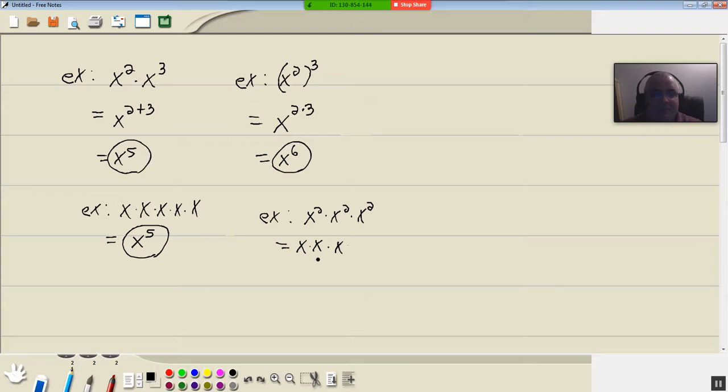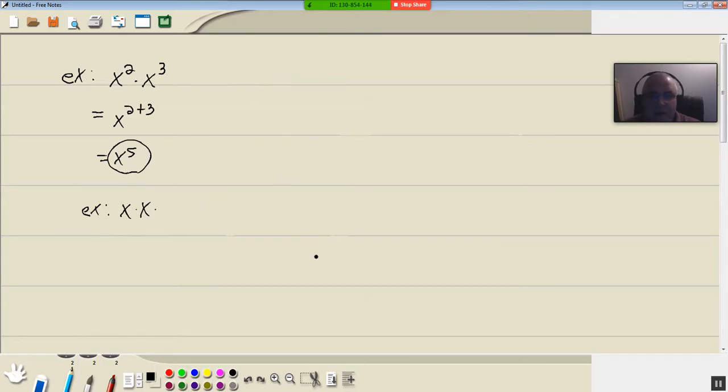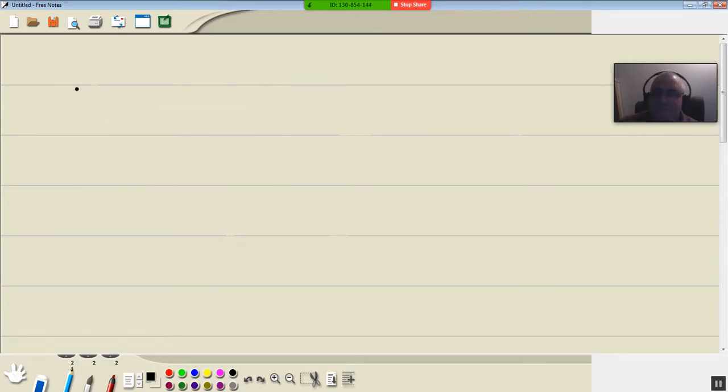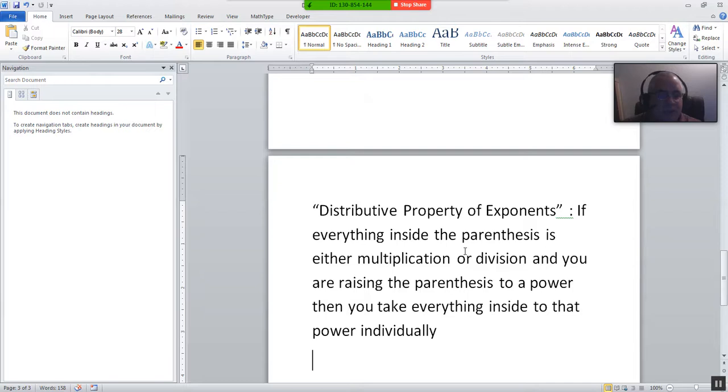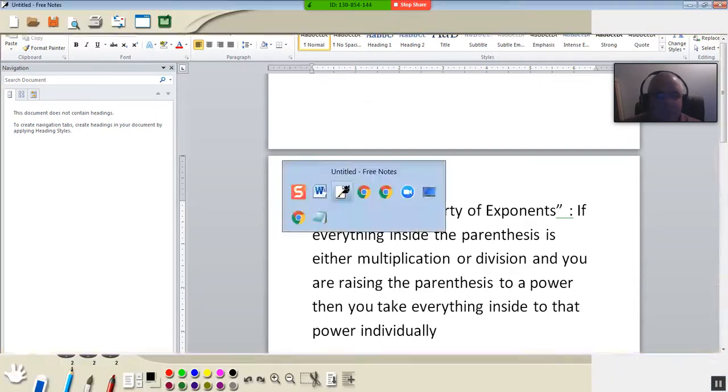What in the world do I mean by that? If I have x squared y to the third over z, all of it being raised to the fifth power. So if everything inside parentheses is either multiplication or division.